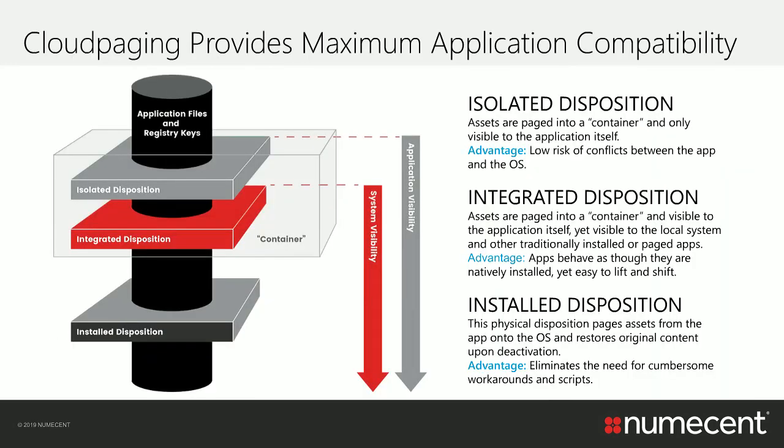So with that, let me talk a little bit about our technology. The first aspect is we have a container. Within this container, we have a file system. And this is important because when you go from one version of Windows, let's say XP, to Windows 7, you know, that environment changes. Right?